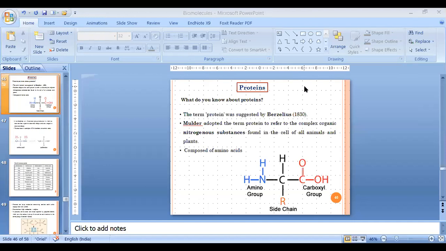Okay, so I can rephrase it for you. Proteins are made up of amino acids. Can we say they are formed for body growth? Yeah, for body growth it is required.